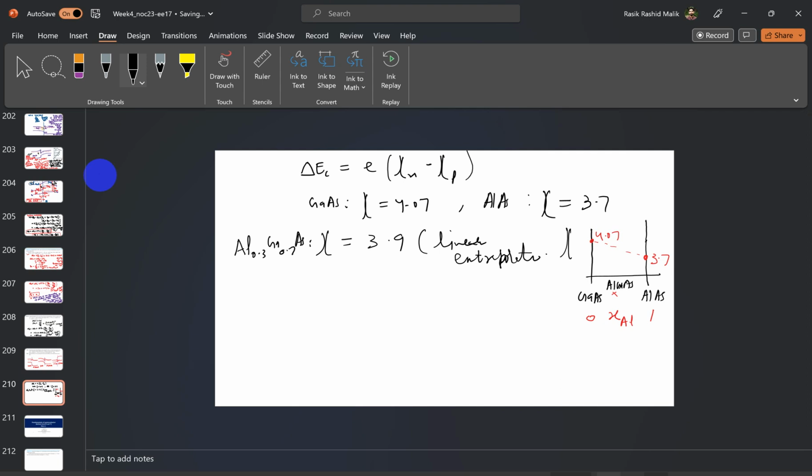Then we can calculate delta EC, which is 4.07 for gallium arsenide minus 3.9, so that is 0.17 electron volt. And to calculate delta EV, that is delta EG minus delta EC, and EG we know.